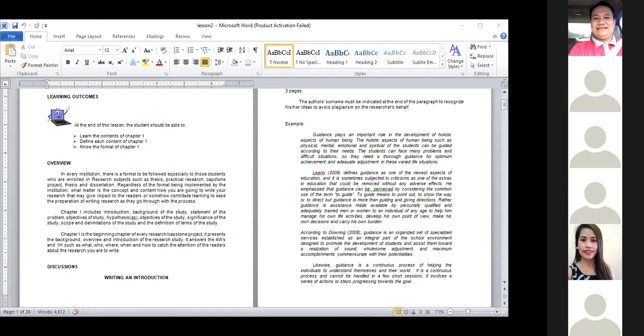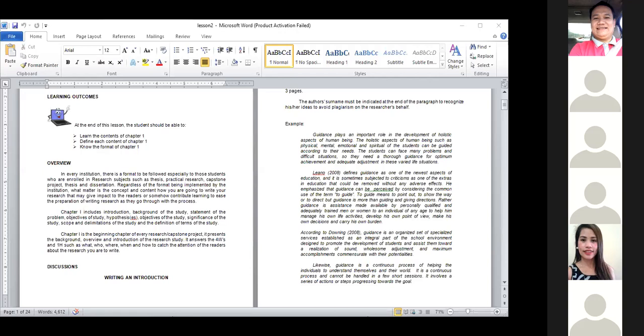Okay, now in writing chapter 1, it includes introduction, background of the study, statement of the problem, objectives. Other institutions do not have objectives; instead, they have statement of the problem, hypothesis, significance of the study, scope and limitations of the study, and the definition of terms.